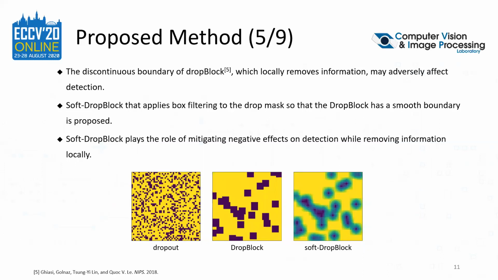However, we can observe that the discontinuous boundary of the DropBlock inflicts serious damage to the information required for detection. So we propose a soft-DropBlock that smoothly changes these boundaries by applying box filtering to the DropBlock. This also allows us to obtain diverse samples. The bottom images are a visualization of the area where each drop mask is dropping a layer.